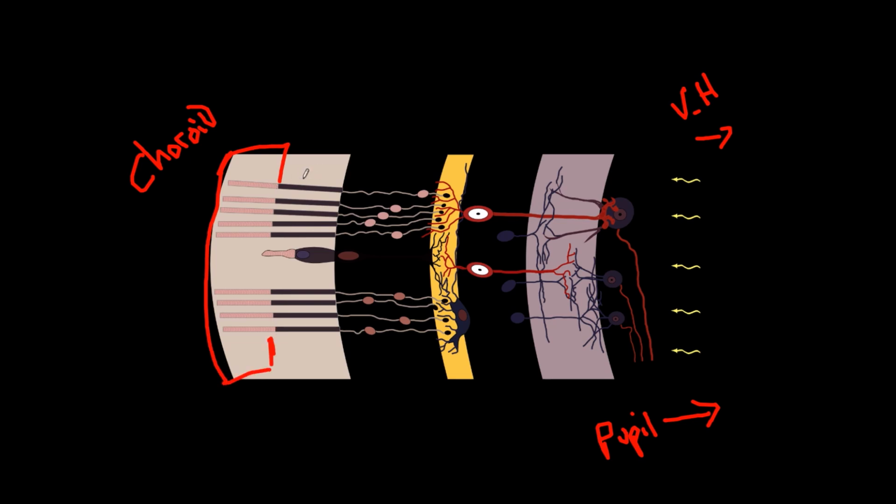Up top here we have some rods, we have a cone here. It's not until back here that we get light interacting with the retinal, the opsins, and the cilia, the photoreceptive part of our photoreceptors.